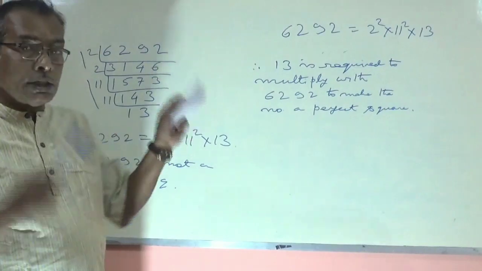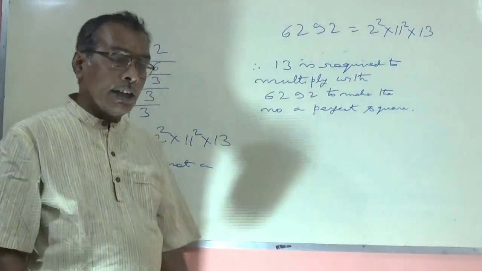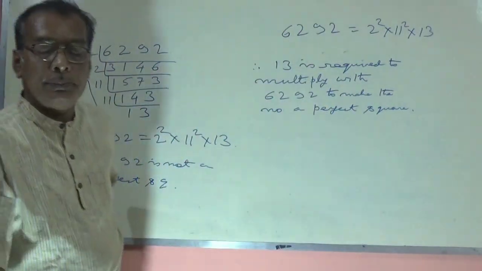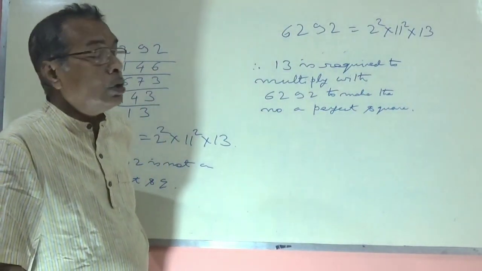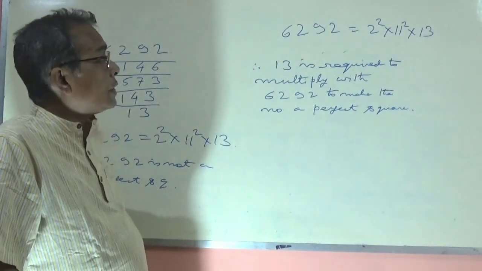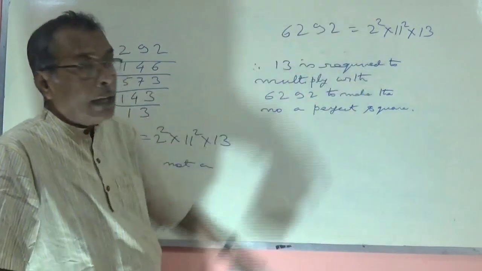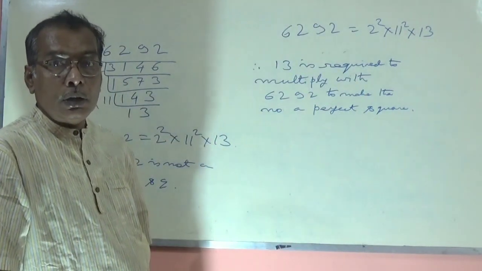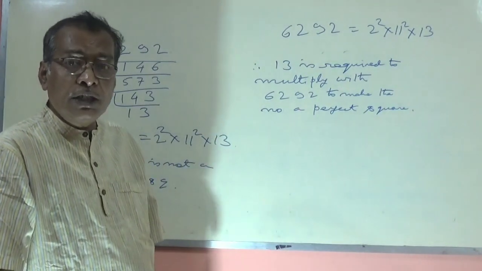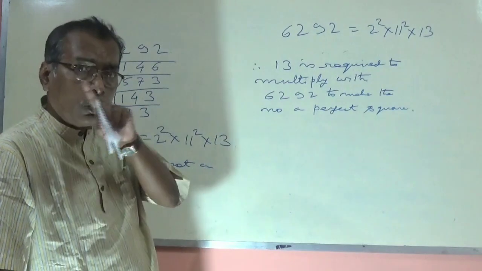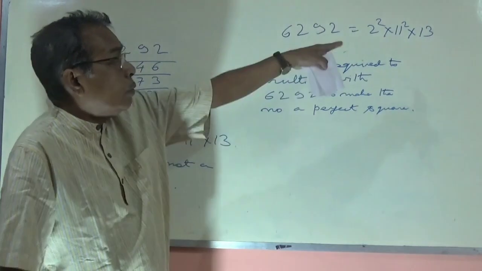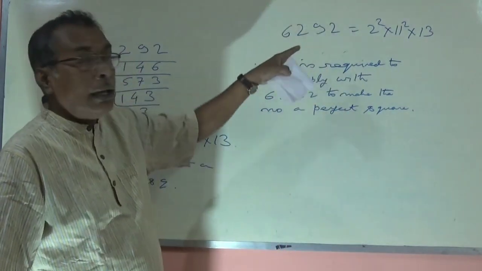After solving these questions, immediately this thing struck my mind: on this particular topic, why should we not create these questions? How much number is required to multiply to make this number a perfect square, because on 13 I am finding it is not a perfect square. 13 power 2 is not there, only 13 power 1 is there, one deficiency of 13. So to fulfill that deficiency, I am going to multiply 13 with that number to make this number a perfect square.